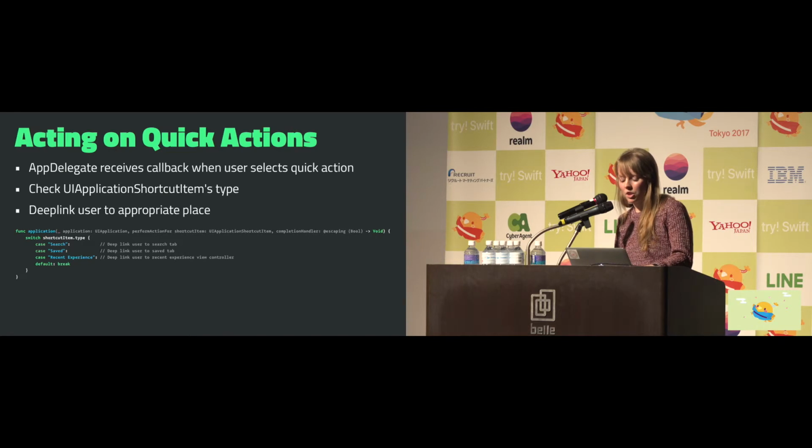So this is when you want to check the UI application shortcut items type. And according to that type, you want to deep link the user to the appropriate place. So for the Caribou, there was search, saved, and recent experience. So you would deep link into each of those tabs.